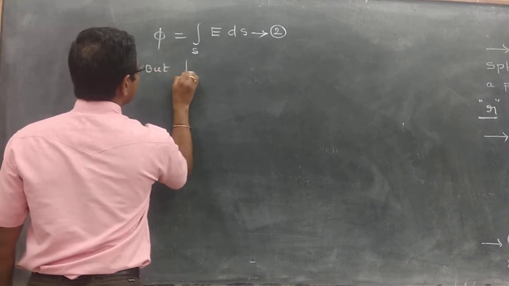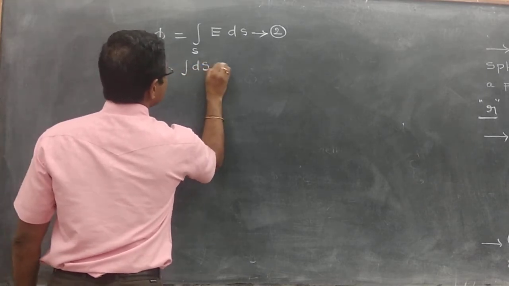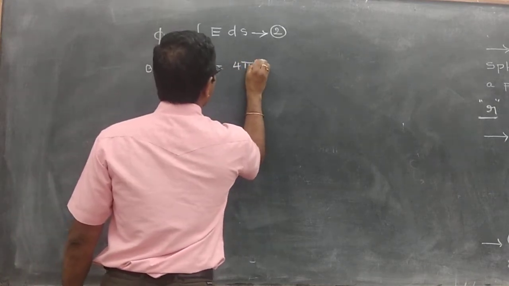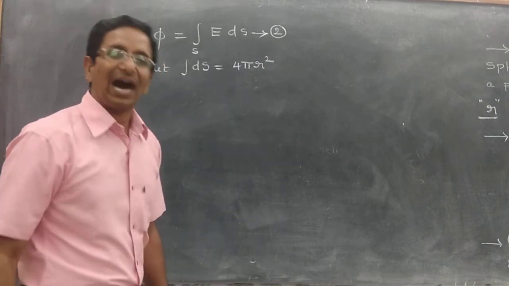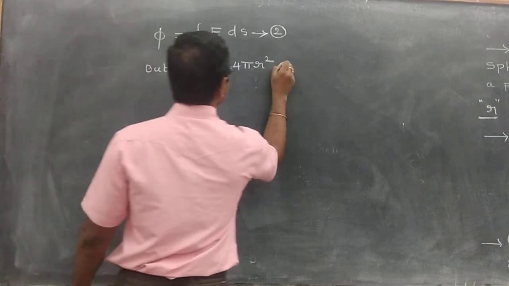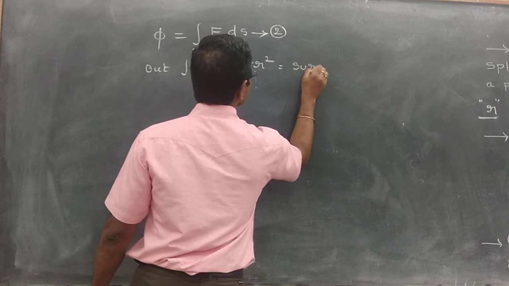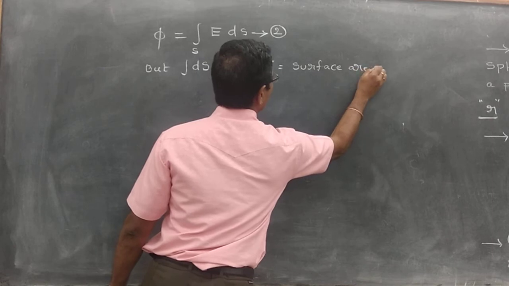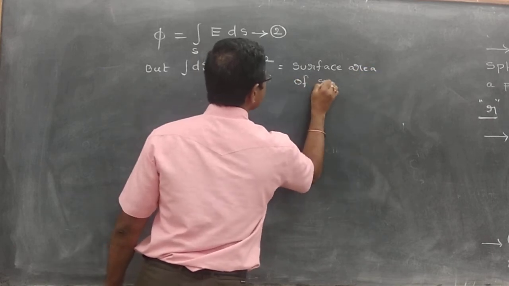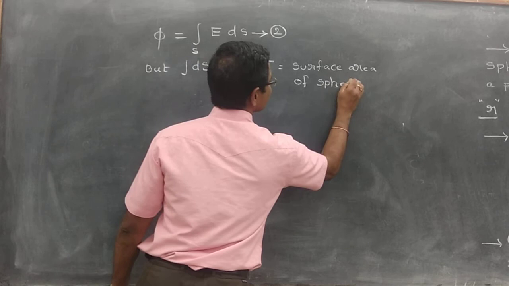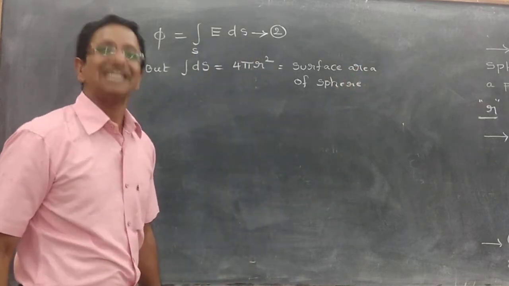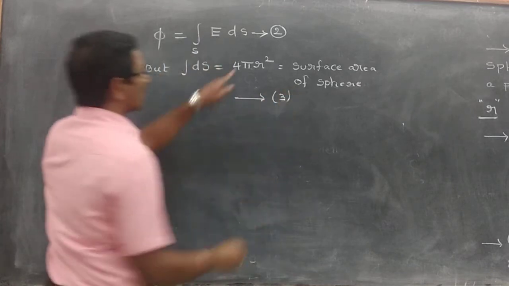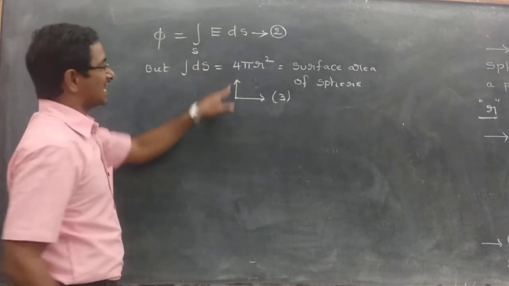But integral ds is equal to 4 pi r square. What is the reason? Surface area of the sphere. Therefore, this is equation number 3.